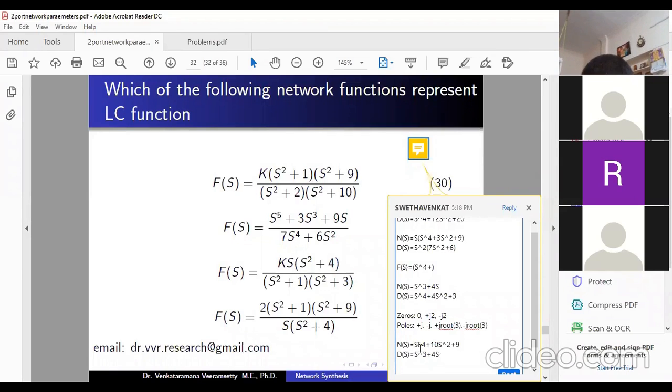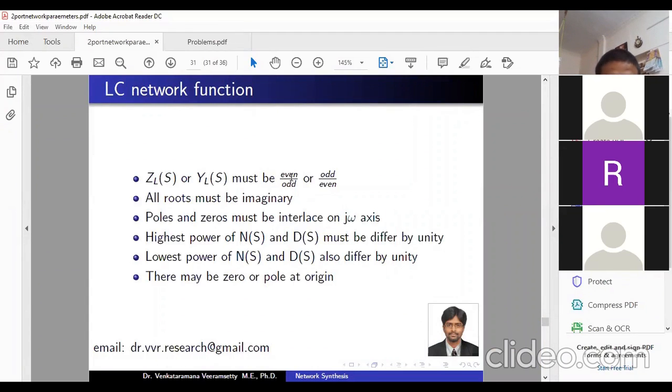So the numerator is s to the power of 4 plus 10 into s square plus 9 into s power 0. So that is the even polynomial. And the denominator is s cube plus 4 into s power 1, that is the odd polynomial. So it is the even by odd ratio. That means the first condition is satisfied.